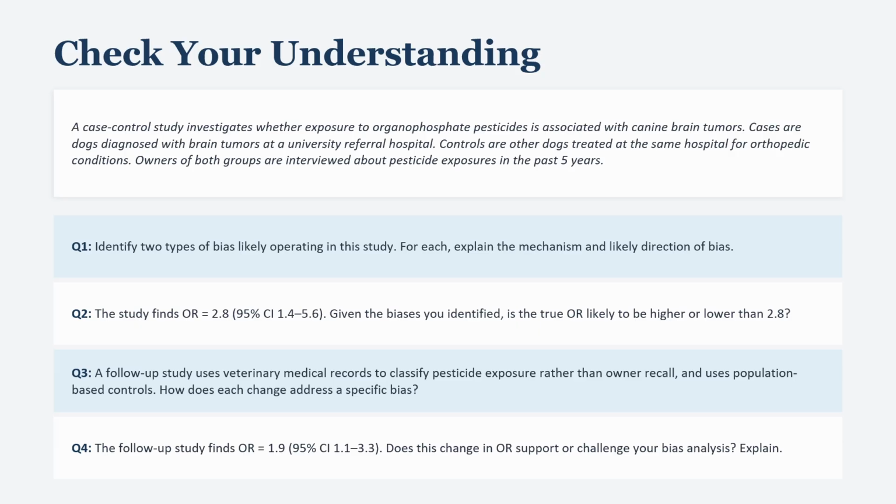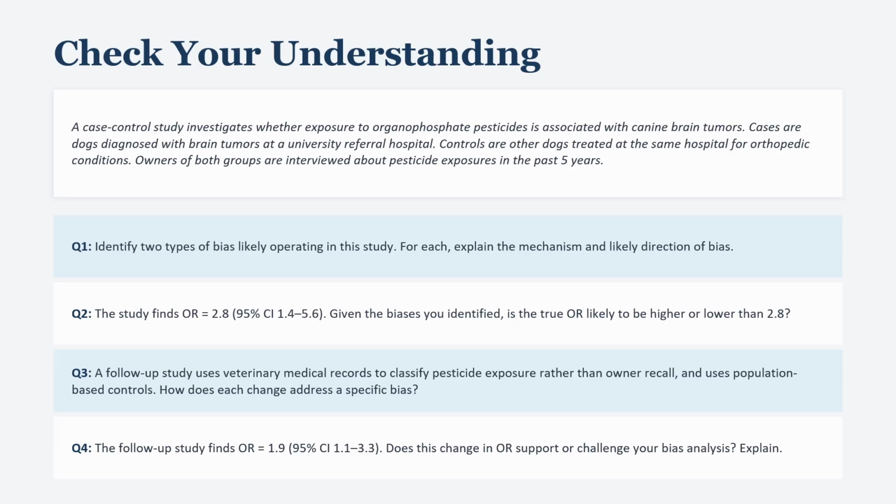This differential recall will systematically inflate the apparent association between pesticide exposure and brain tumors. Direction, bias away from the null. OR is likely overestimated. Question 2, true OR direction.